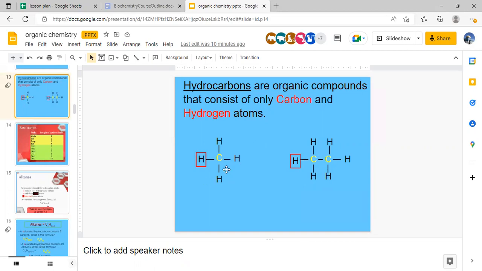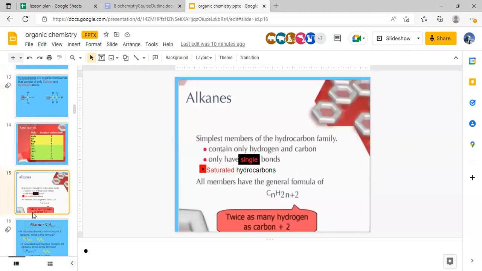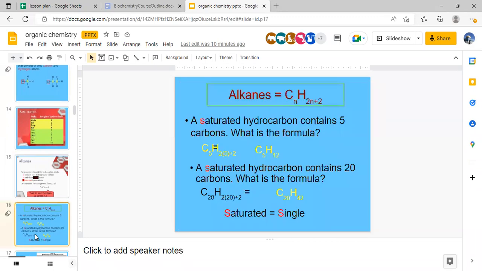This one is CH4. So if your hydrocarbon is 20 carbons, what is the formula? So it will be C20. So twice the number of hydrogens, you'll have 40 plus 2. Okay, did you get that?